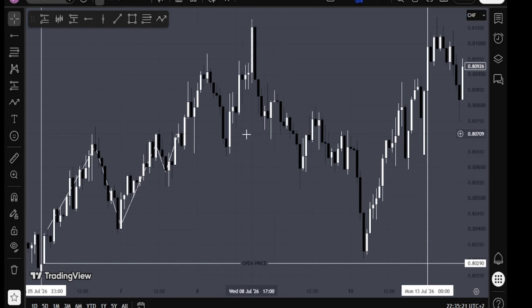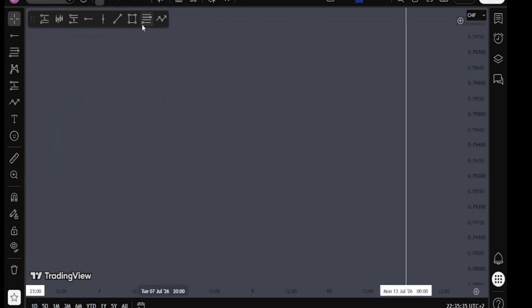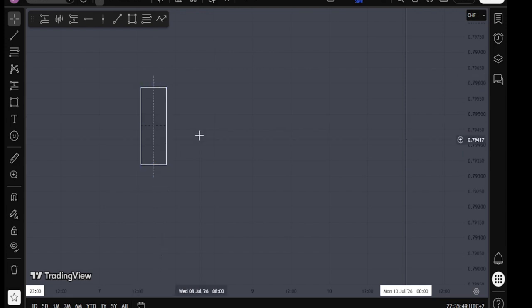Thursday started moving down. So between Monday, Tuesday, and Wednesday, that's when you have to find your entries. Let me draw it from a weekly time frame. It's going to be something like this. This is a candlestick, the body and the wicks.